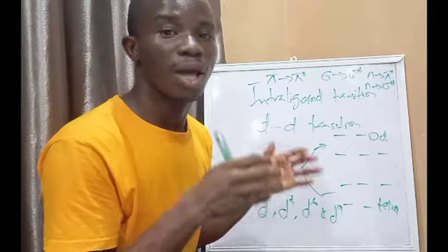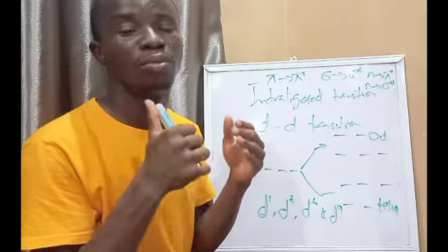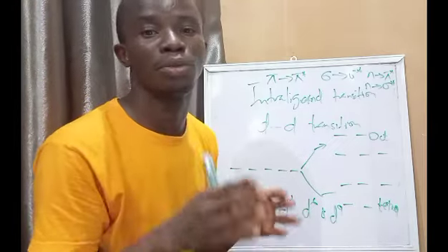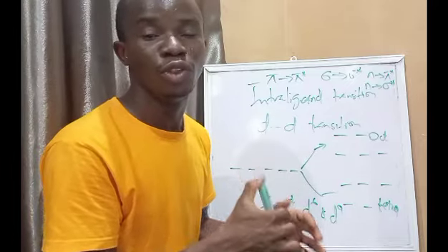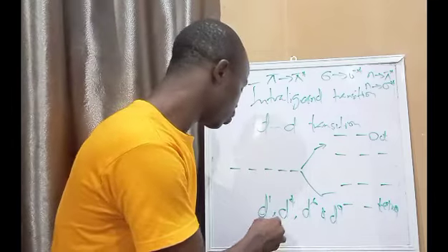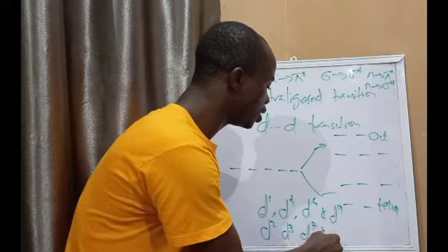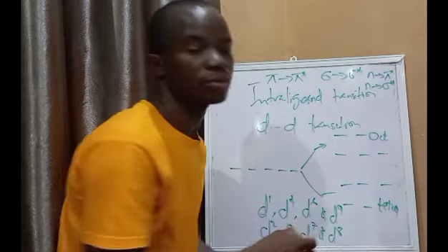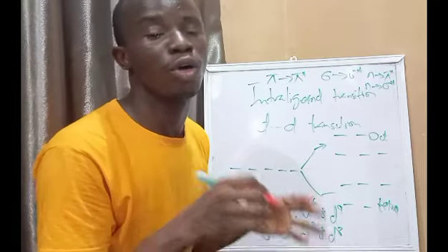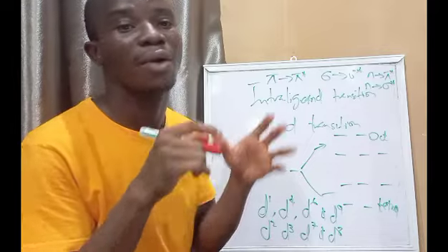So such metals as copper 2 plus and titanium 3 plus in an octahedral environment will produce only one broad band in their UV visible spectrum, while metals with d2, d3, d7 and d8 will produce three bands in the visible region of the electromagnetic spectrum as long as they are in an octahedral environment.